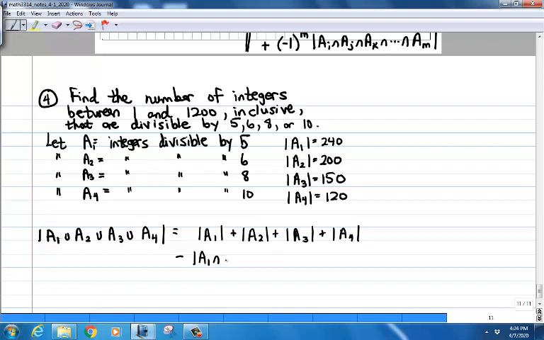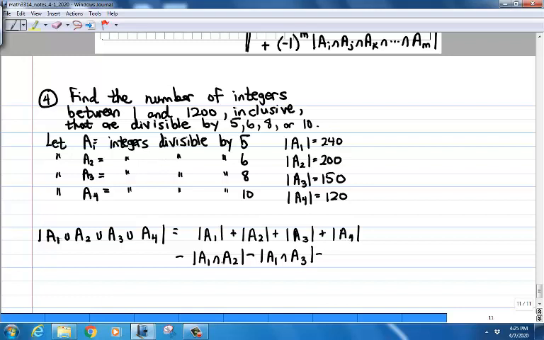Make sure you write down every pairwise intersection. You have to be careful about this step.